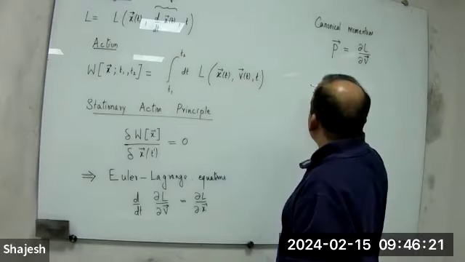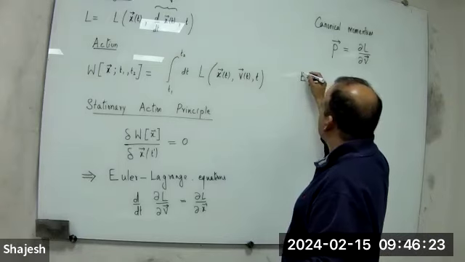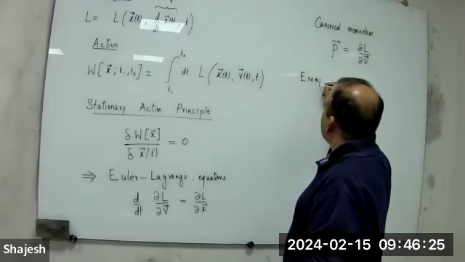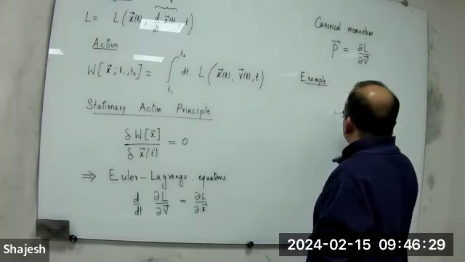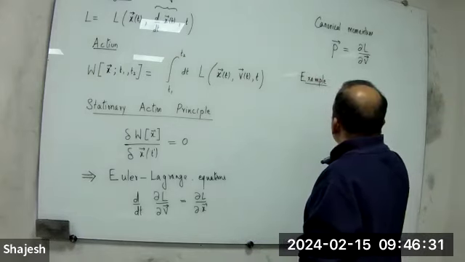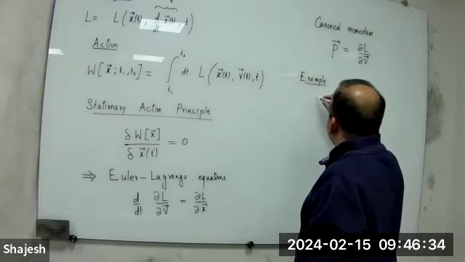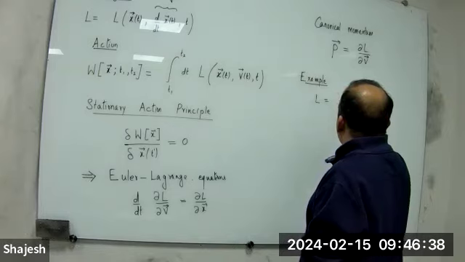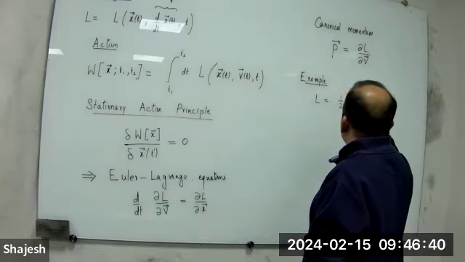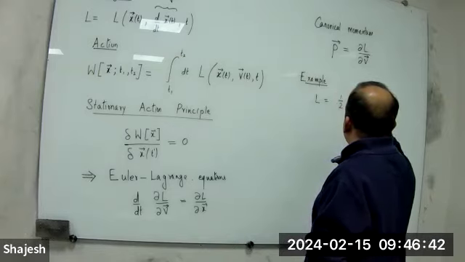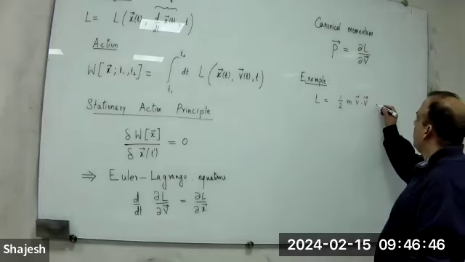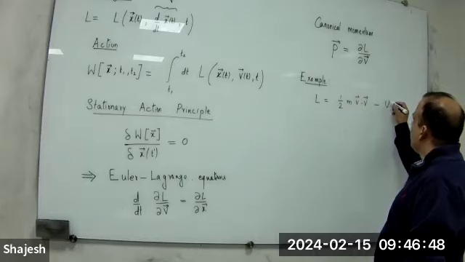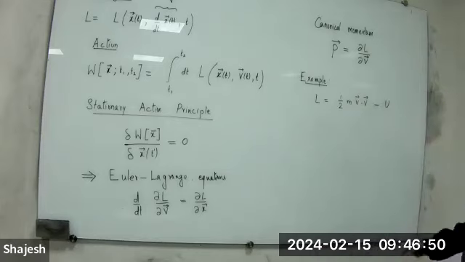The straightforward example is the Lagrangian equal to half m v squared, write it as v dotted with v, so that you know there are two velocities in there, minus U. In general, the potential energy can be a function of velocity also.